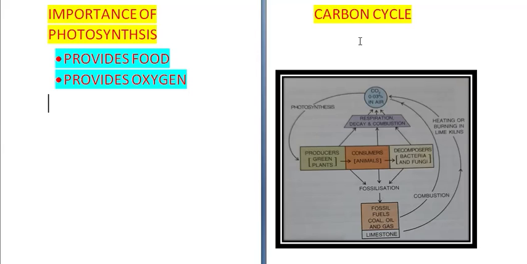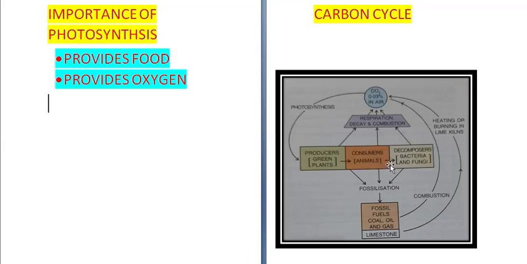So the essential steps of the carbon cycle: carbon, which is 0.03% in air, is taken up by green plants for the process of photosynthesis. Producers take it for photosynthesis. From producers it goes to consumers, and from consumers the decomposers also feed on these. The decomposers decompose it, and again it goes back into the environment.